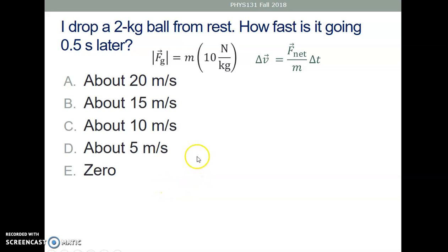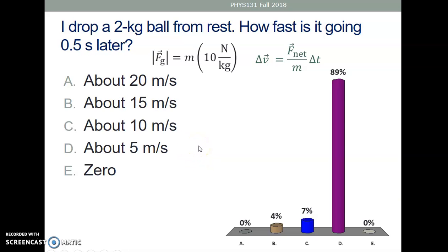All right, let's look at the answer. 3, 2, 1. All right, about 5 meters per second. Okay, that's because in addition to being 10 newtons per kilogram, this is also the acceleration of gravity, as we showed in the previous video, which means you speed up by 10 meters per second each second.